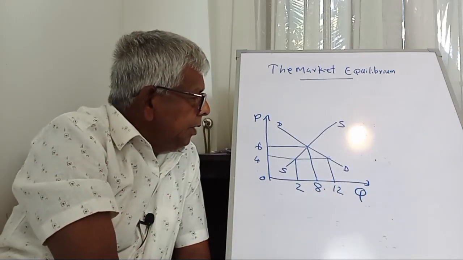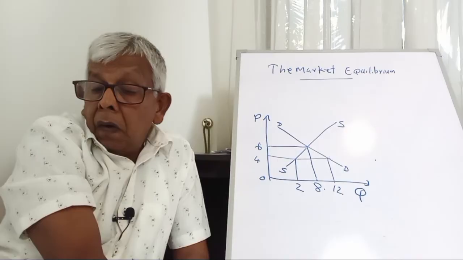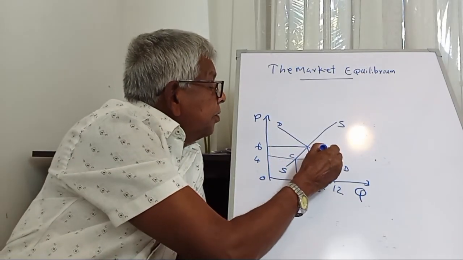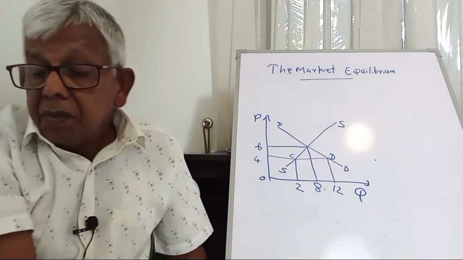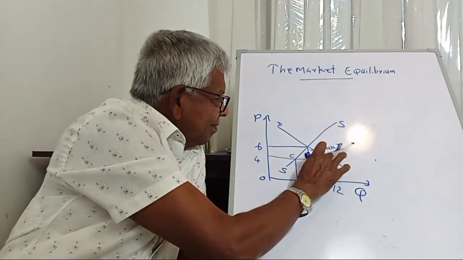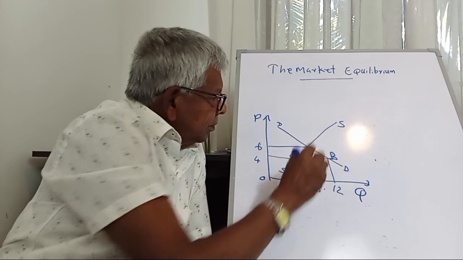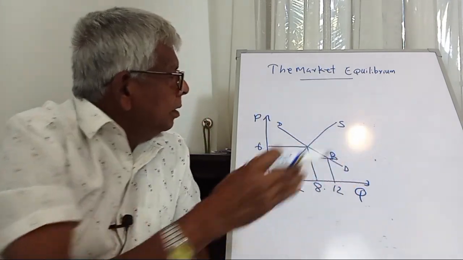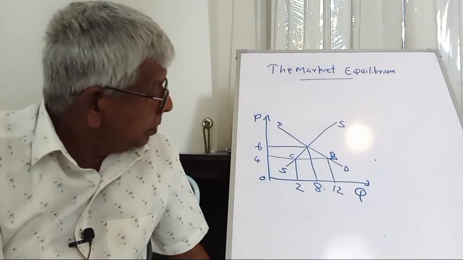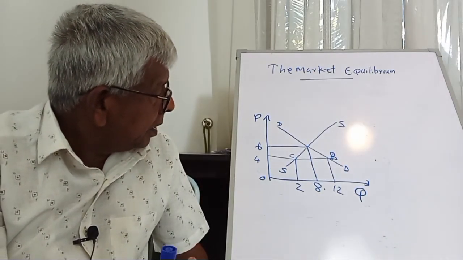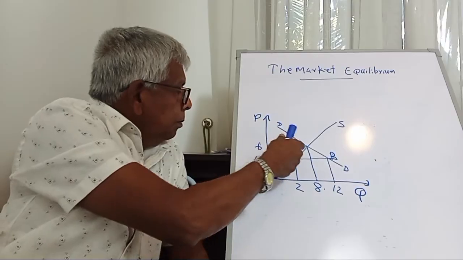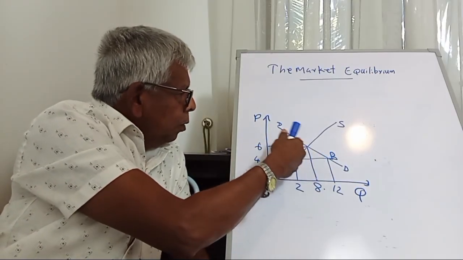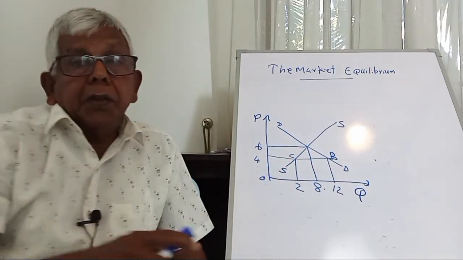Please see your schedule. D is the demand curve, S is the supply curve, equilibrium price 6 rupees, equilibrium quantity 8 units.